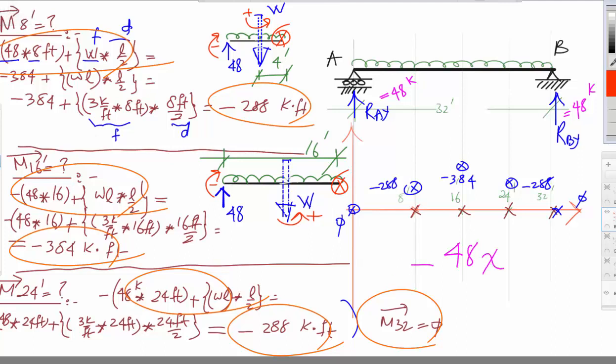This is of course minus plus. If you look at here, this is w, which is fixed, 3 kip per foot, 3 kip per foot, and it is 3 kip per foot.